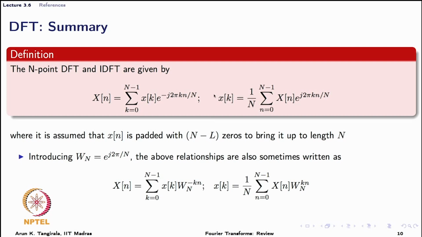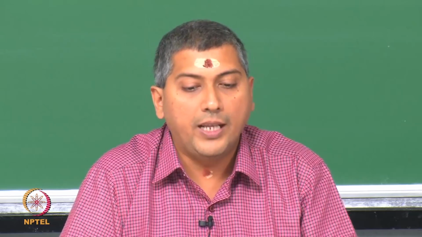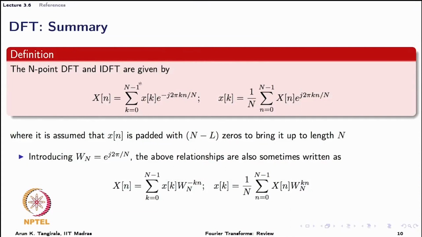You have to be careful: in many software packages, the 1 over n may or may not be there. When you are computing the inverse DFT, you should check the documentation of that particular software and then manually incorporate this 1 over n factor, because normally in any software package you will have the routine FFT to compute the DFT in a computationally efficient manner, and the inverse FFT will simply implement the same thing, that is with X k replaced by the Fourier coefficients and e to the minus j replaced with e to the j.